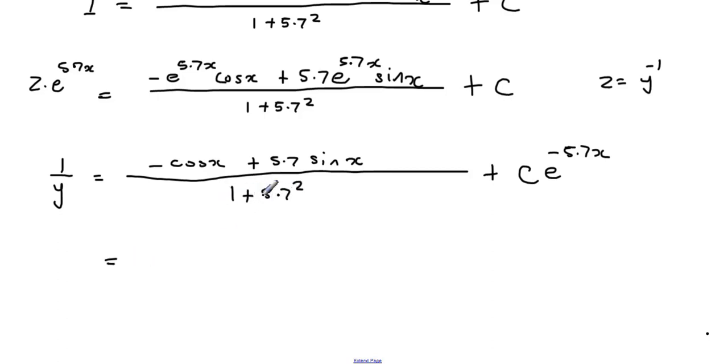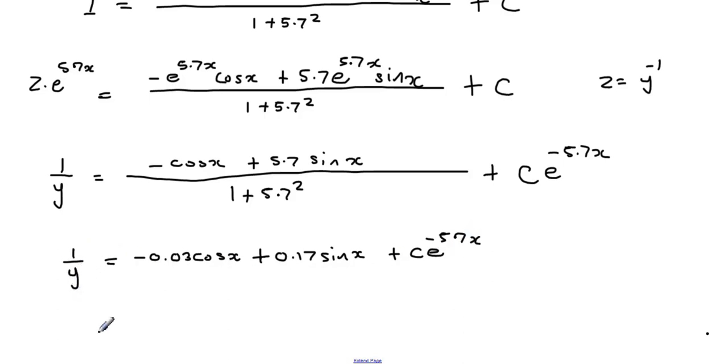When I simplify with this denominator among these three functions, I get minus 0.03 cos x plus 0.17 sine x plus c e to the power minus 5.7x. This is what 1 over y is.